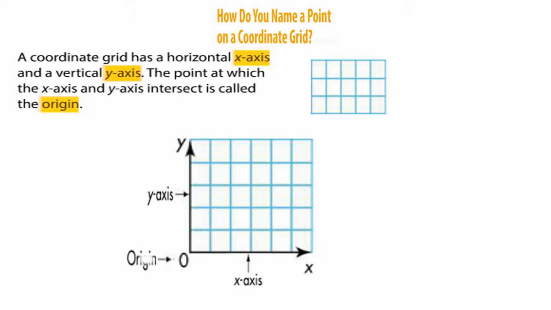The origin point is 0 and 0. So again, the coordinate grid has two black lines: the horizontal line is the x-axis and the vertical line is the y-axis, and they intersect at a point called the origin point.